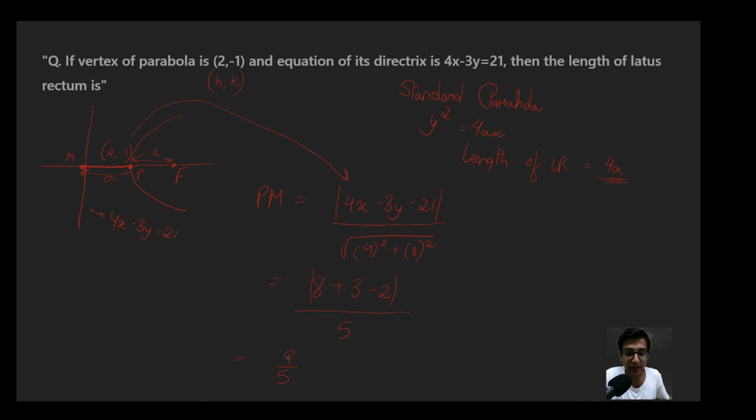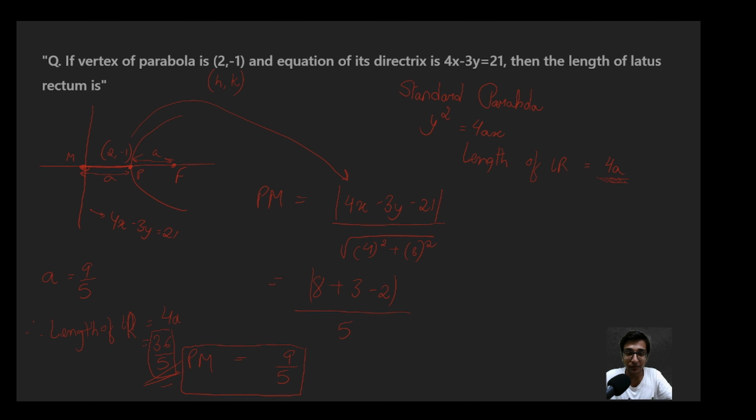So we've got the distance PM is equal to 9 by 5. That means our a is equal to 9 by 5. Therefore, our length of latus rectum would be equal to 4a, which is equal to 36 by 5. This is our answer. And this was a question that was asked in JEE Mains.